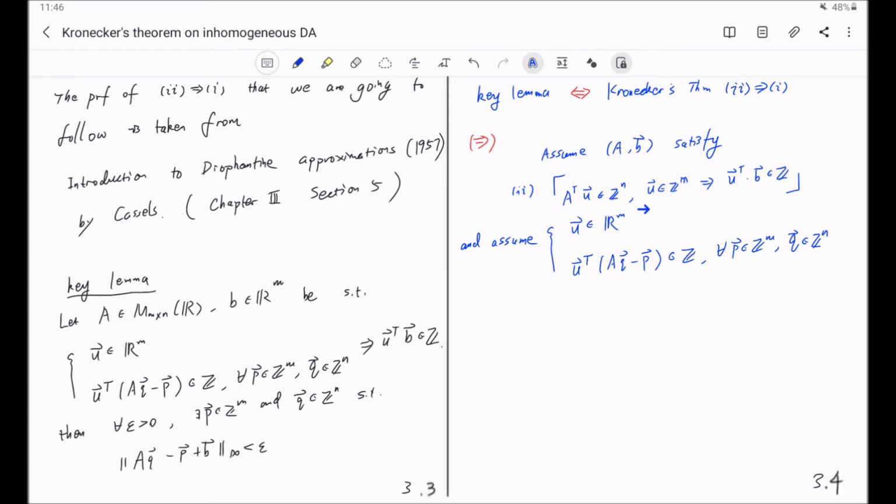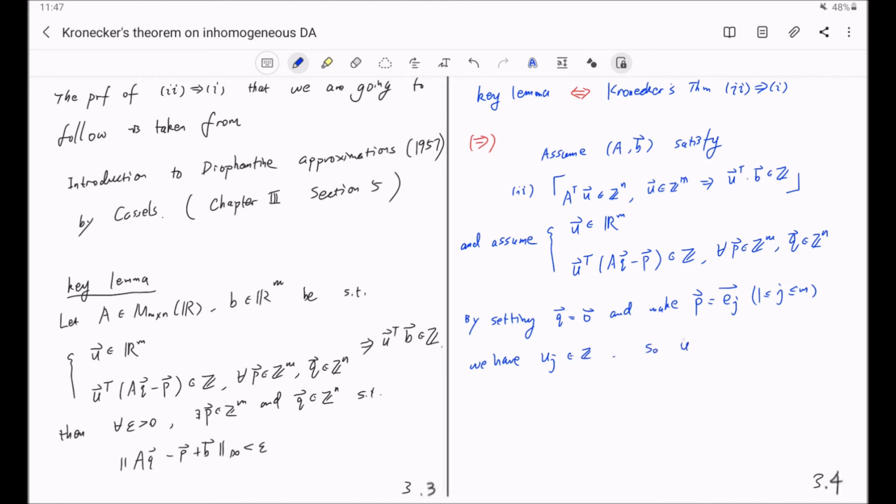So, how do we get this? By setting q equal to 0 and making p equal to ej, which is the jth canonical basis vector of Rm, where j is from 1 to m, we have the jth component of u is an integer.